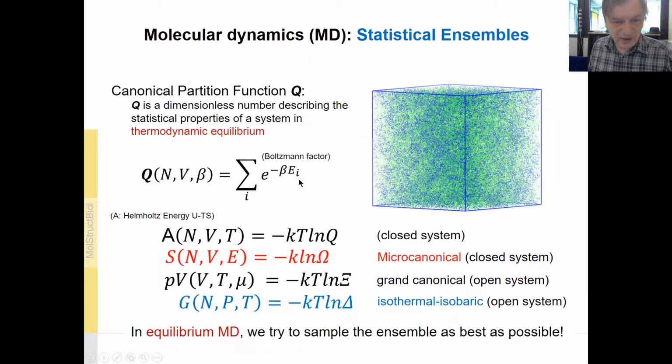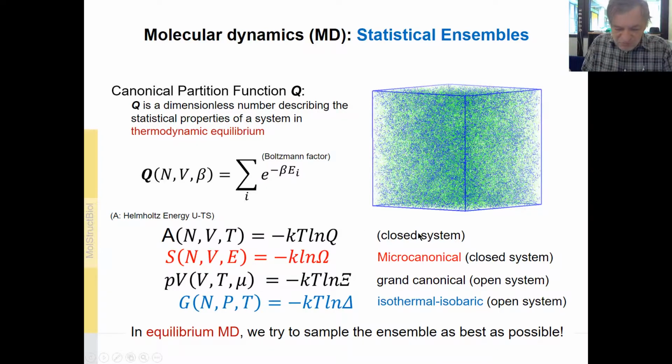There are different kinds of ensembles that we can get. The first ensemble is just this one, the classical partition function with this energy. E is energy, and beta is some factor. A equals minus kT log Q, and A is the Helmholtz energy, the classical Helmholtz energy, U minus TS, from a closed system.